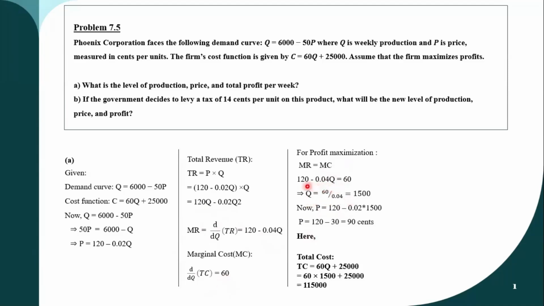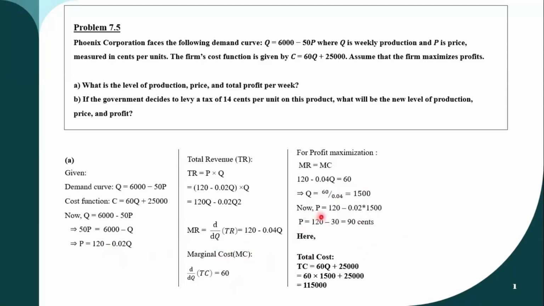By balancing this equation, we can easily find the Q function, which is quantity, and the quantity is Q equals 1500. So Q is 1500. Now we can find the price easily by putting Q into the P equation.